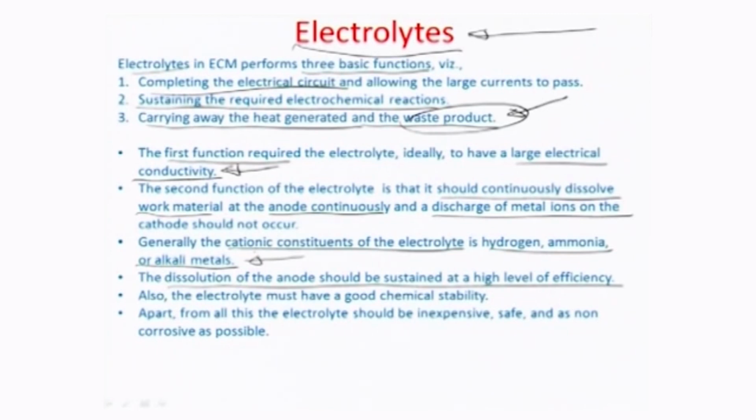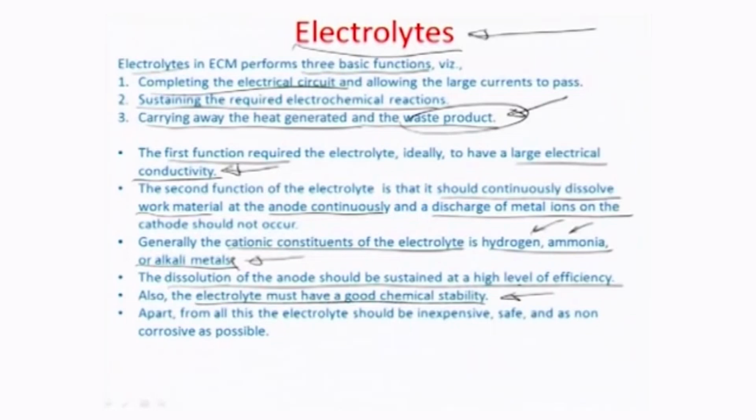So, whatever the tool generates is either a gas, or something which again creates a reaction with the electrolyte itself. The electrolyte of course must have good chemical stability, so it should not degrade with time, and it should be as inexpensive and environmentally safe as possible, because it should not create any toxic vapors or fumes for the operator to get exposed to.